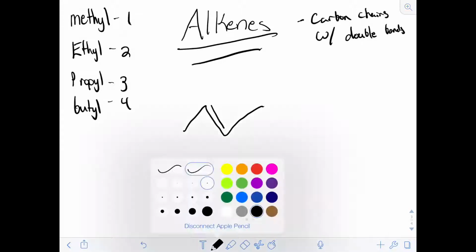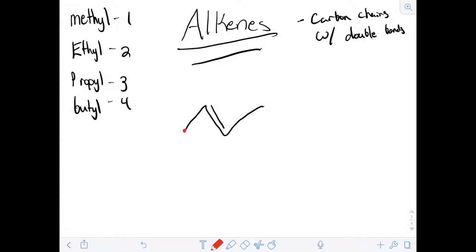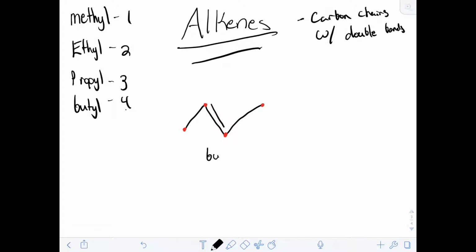So we're gonna count up our carbons. 1, 2, 3, 4. So 4 will give us but. So we're going to do but, dash, and then we're going to count our chain. So we're going to see which way, going either this way or this way, gets the double bond on the lowest number possible.